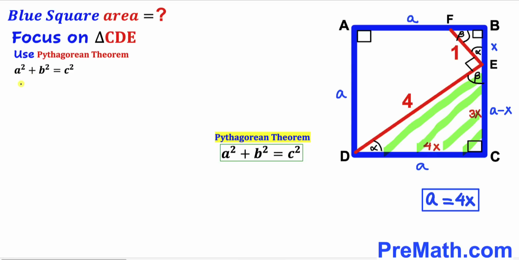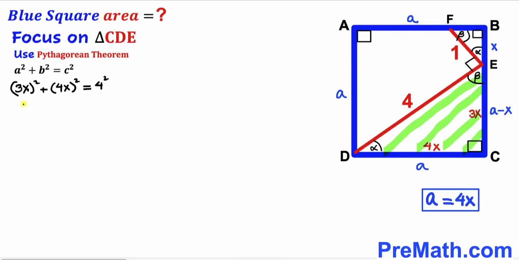Let's fill in the blanks: 3x whole squared plus 4x whole squared is going to be equal to 4 squared. Let's simplify. That gives us 9x squared plus 16x squared equals 16, which gives us 25x squared equals 16.